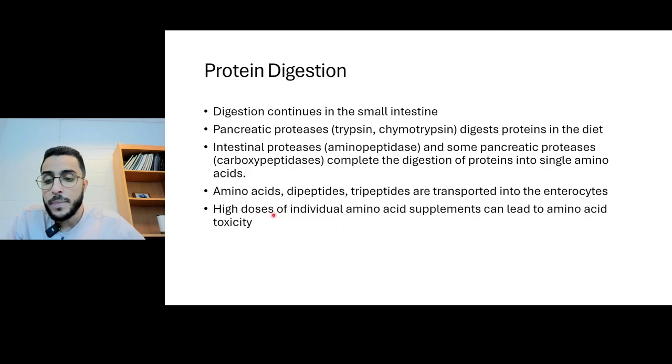But it's important to know that high doses of individual amino acids can lead to toxicity, and I'll explain that in a second. There is a limit to how much of individual amino acids you can take. This is why with BCAA, branched chain amino acids, for people that work out, for example, it's important to not take too much of those because they can cause problems for your kidneys and other stuff.